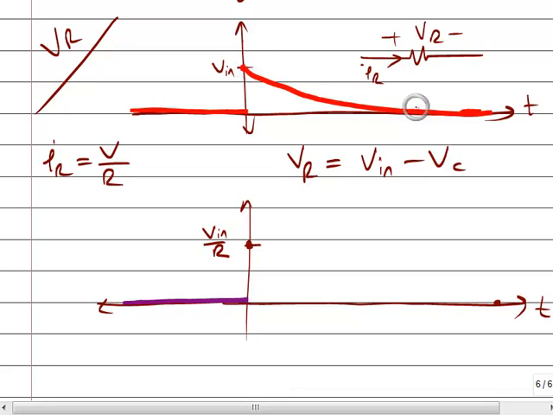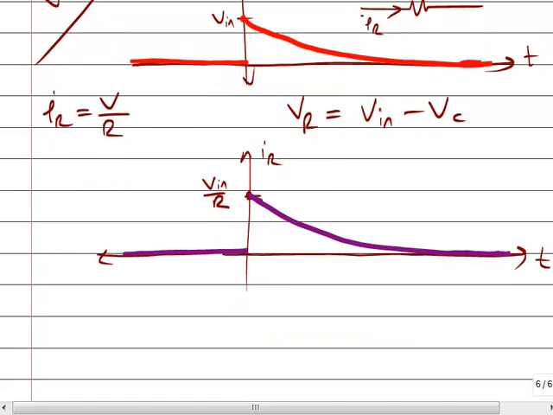So the shape of the voltage should be the same as the shape of the current, because there is a linear relationship. So the shape of the current should be the same, like that. And consider this, the current of the resistor is at the same time the current of the capacitor.